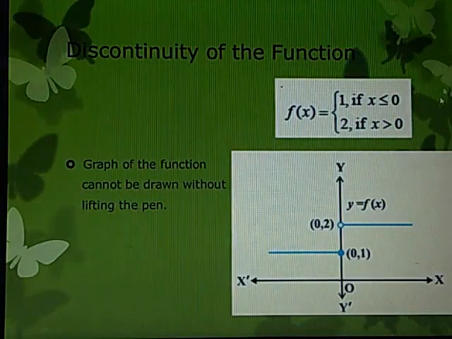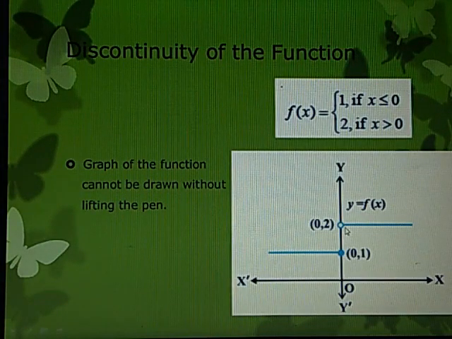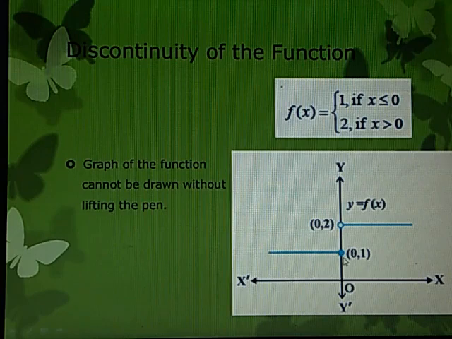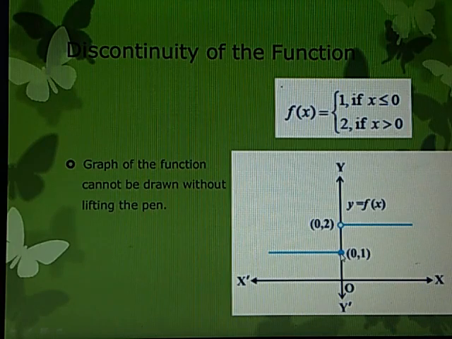See this one. If you look at this number, on the right of 0, when x is greater than 0, y is becoming 2. But when x is 0, it is becoming 1. And when x is less than 0, it is becoming 1. So two things are the same: on the left of 0 and at 0, the function is the same.